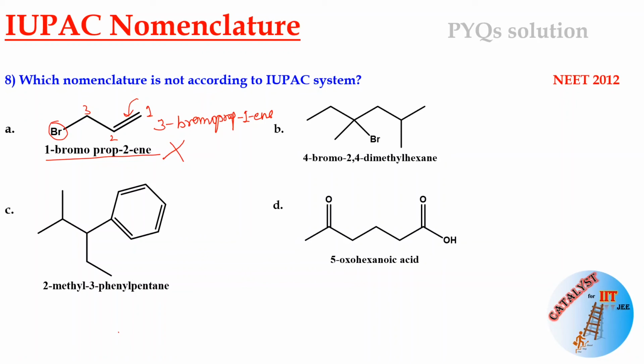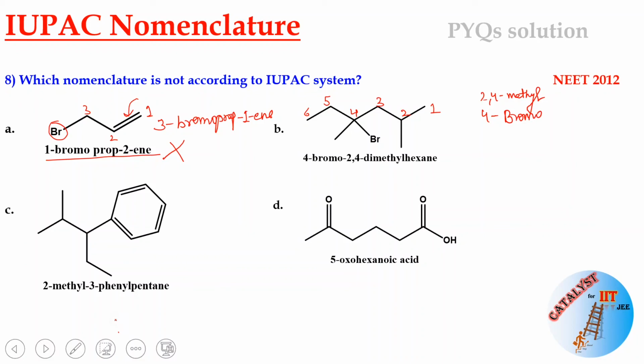You have to start numbering. You can start numbering your parent chain in two directions in this option. First start from this side: 1, 2, 3, 4, 5 and 6. Okay, it means in the first try, methyl is present on 2 and 4, and on fourth your bromo is present.